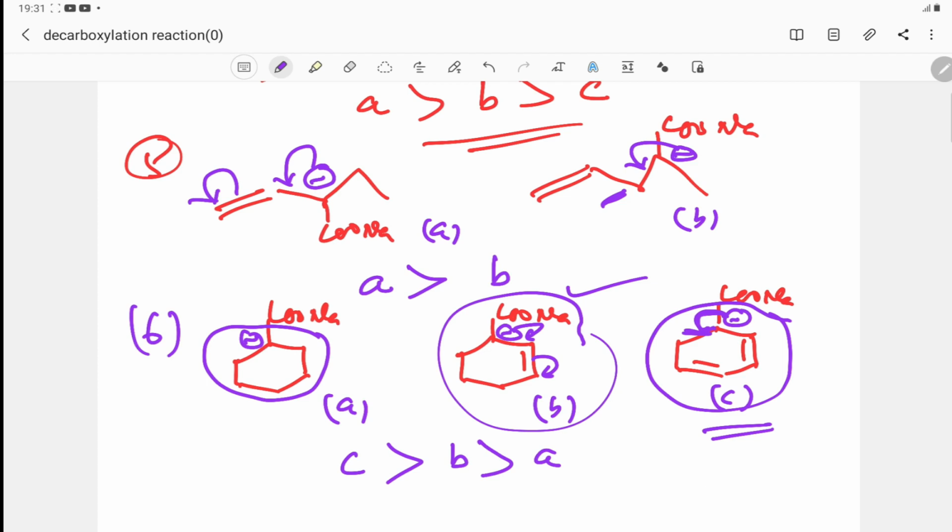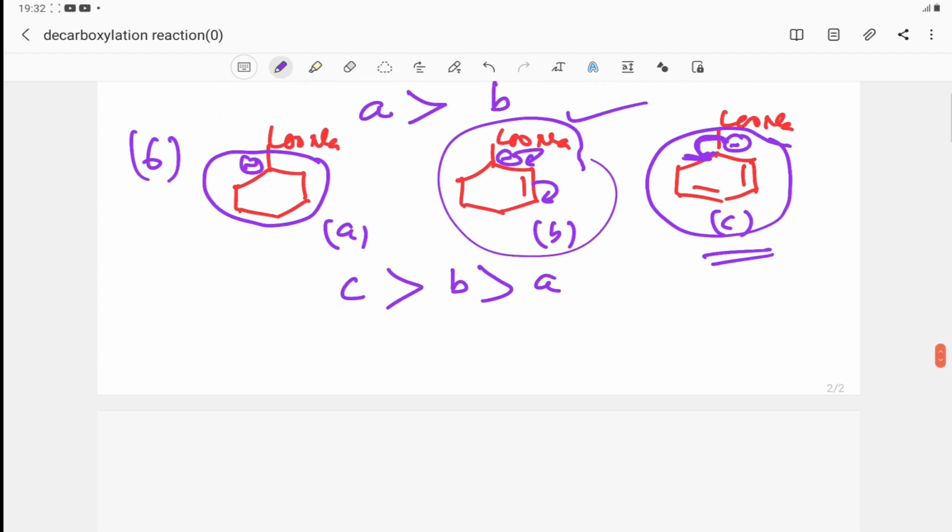That's why the salt of the parent acid C will be more reactive than B compared to A. In case of B, one delocalization takes place, but here the complete delocalization takes place due to alternate double bond, single bond in the ring of a benzene ring. That's why C is more reactive than B than A.